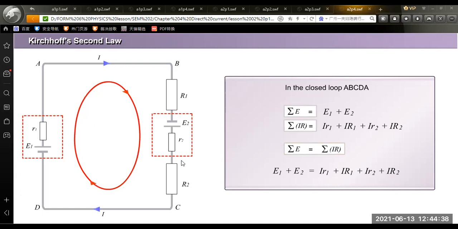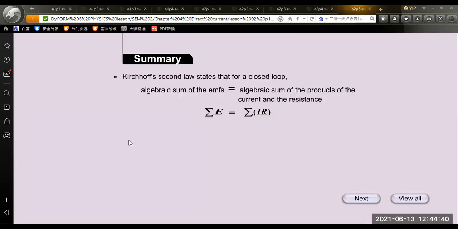As a conclusion, we can say that Kirchhoff's second law states that for a closed loop, the algebraic sum of the EMF is equal to the sum of the products of the current and the resistance.